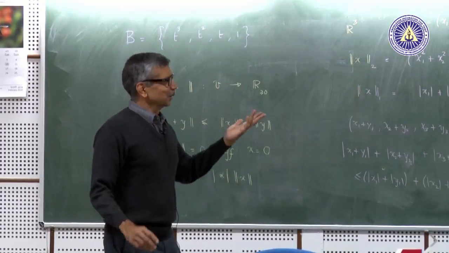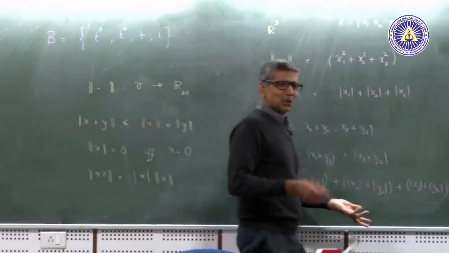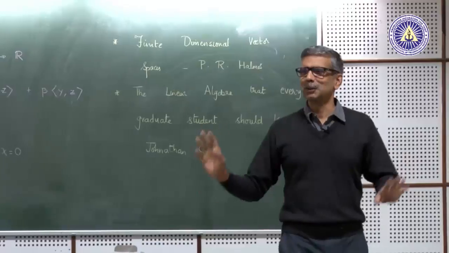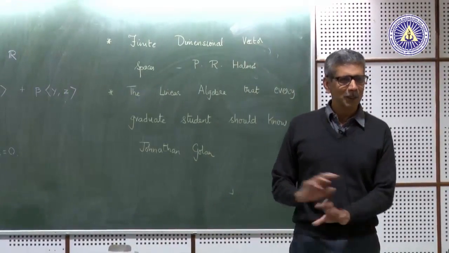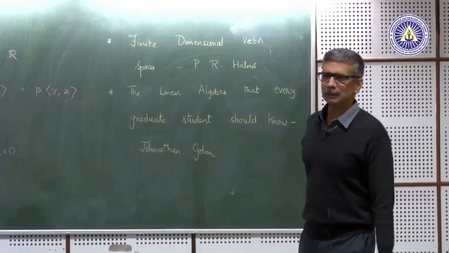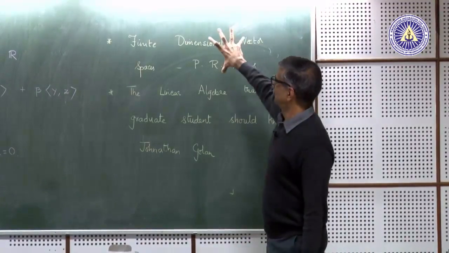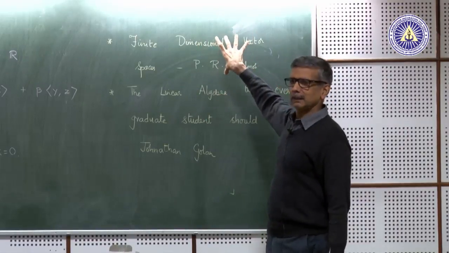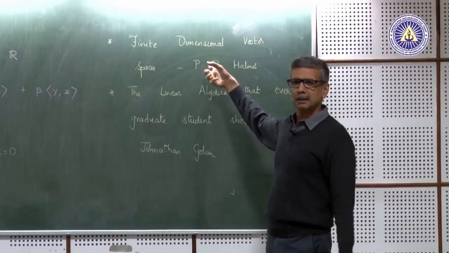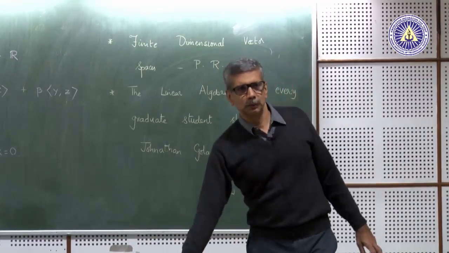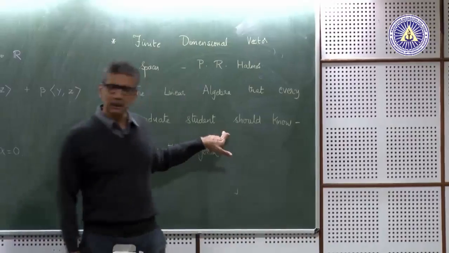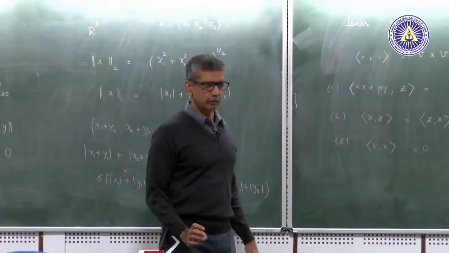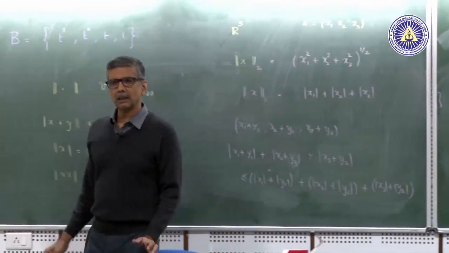So he gives you everything that is required. If you do the problems in this, nobody can shake you in vector spaces. Every aspect of vector spaces. But to understand from a formal point of view and very rigorous theory, this is a nice book. This is a classic, written maybe 30 years ago. This is a recent book, just about maybe 3-4 years ago. So with that, I think I will call it a halt.